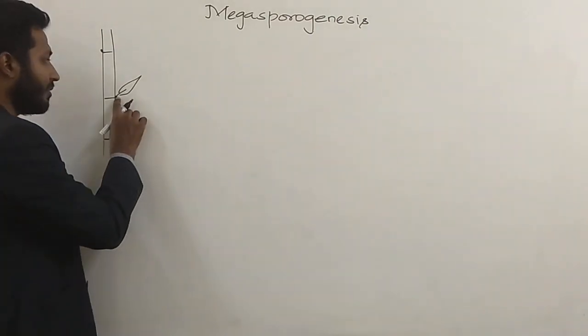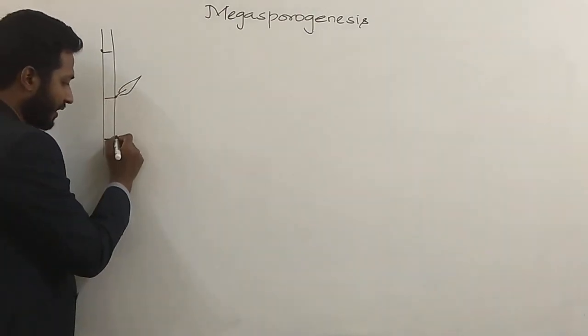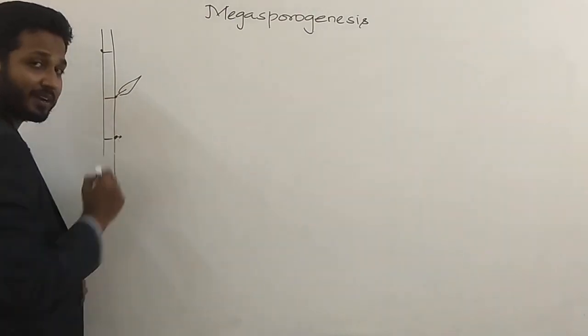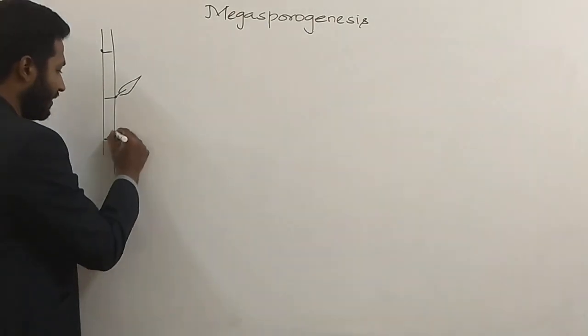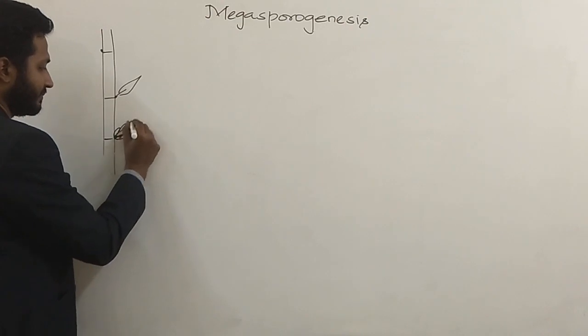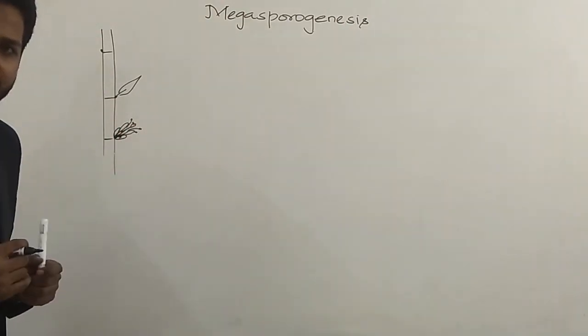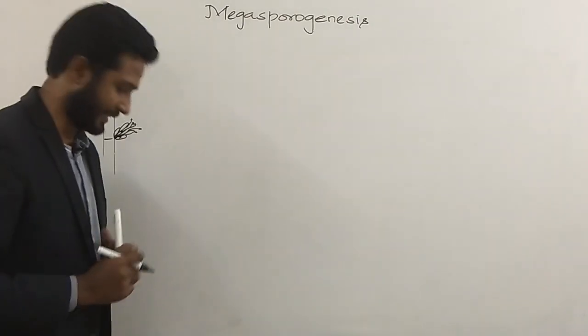So if leaf primordial hormones assemble here, it develops into a leaf. If florigen hormone gets assimilated in this part, it develops into a flower. This is actually what is happening in this case.